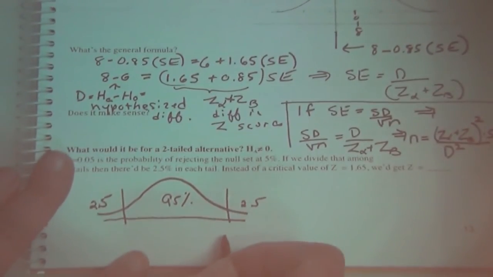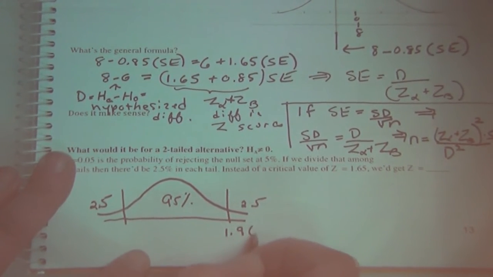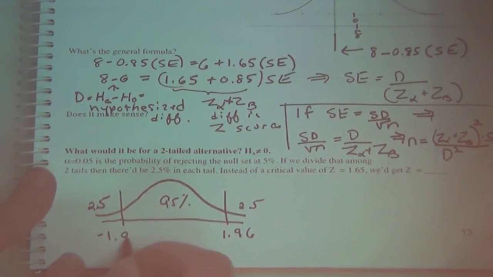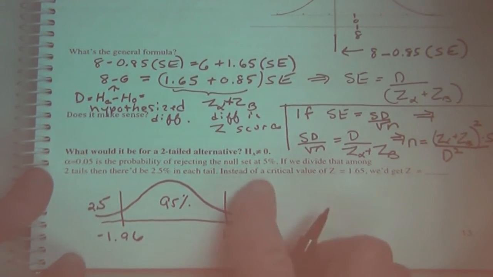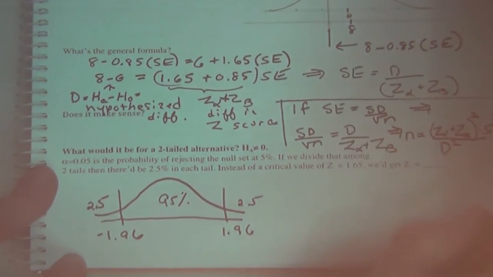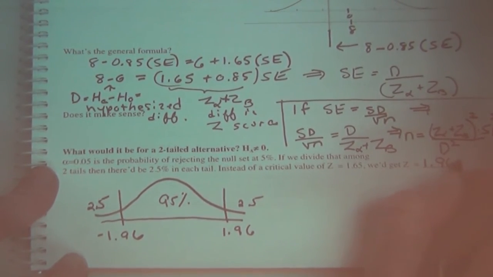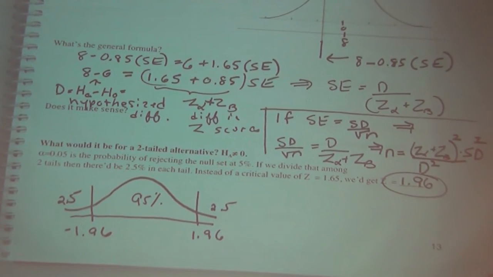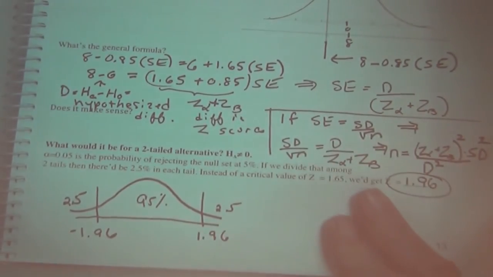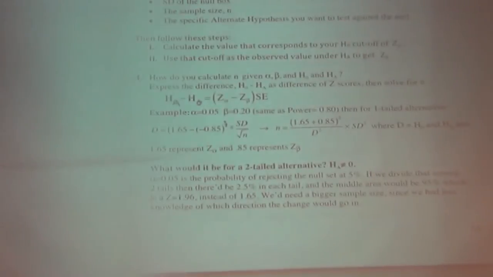So we'd say it's between negative 1.96 and 1.96. So instead of getting a critical value of 1.65, we'd have 1.96. You'll see that a lot for your critical value. That's if you were doing a two-sided alternative. All right, so now we're going to go to a two-sample. Look at the standard error for a two-sample problem.